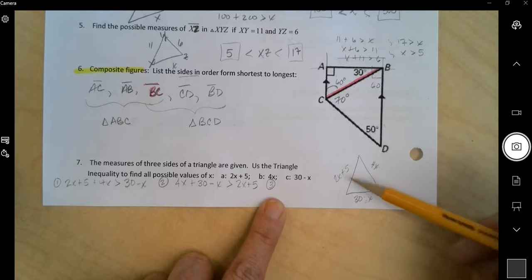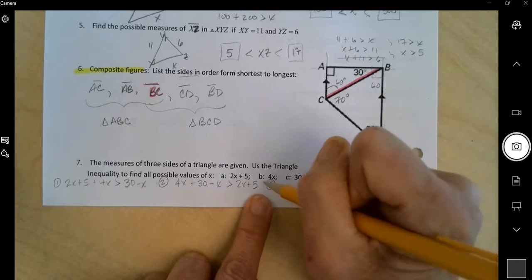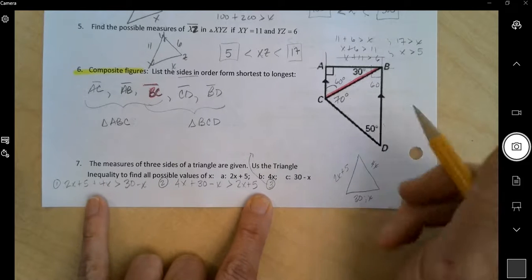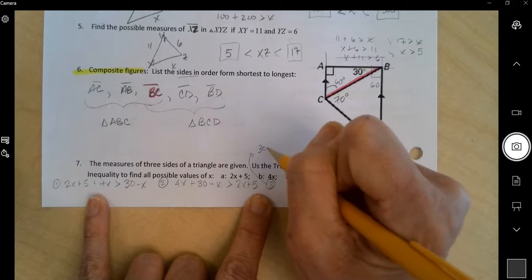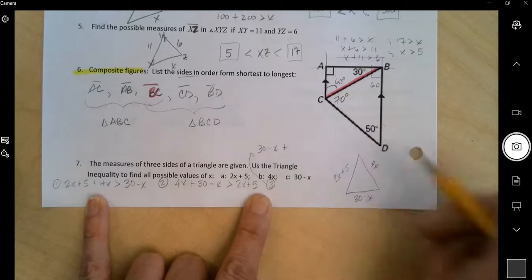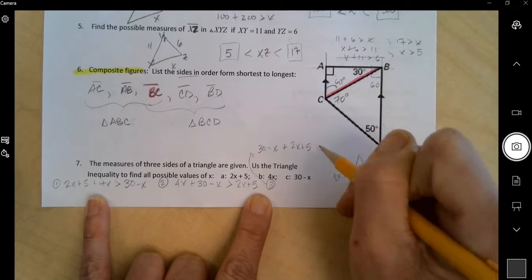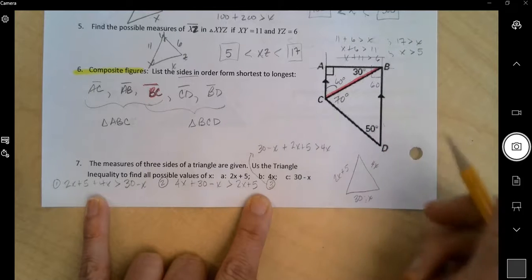That's this plus this has to be bigger than this. And for number 3, I'm going to come up here where I have more room. I know that 30 minus x plus 2x plus 5 has to be greater than 4x.